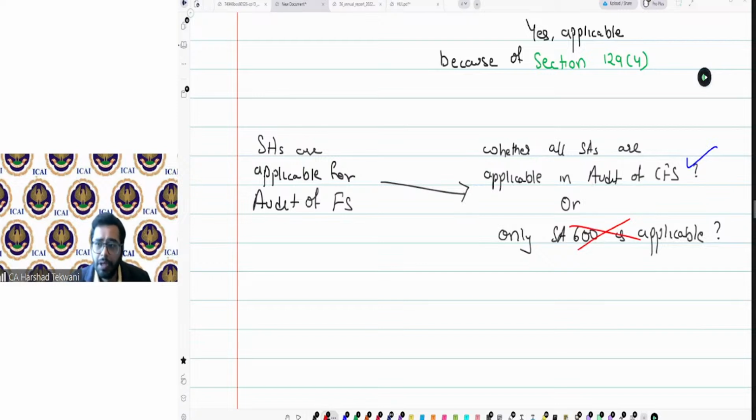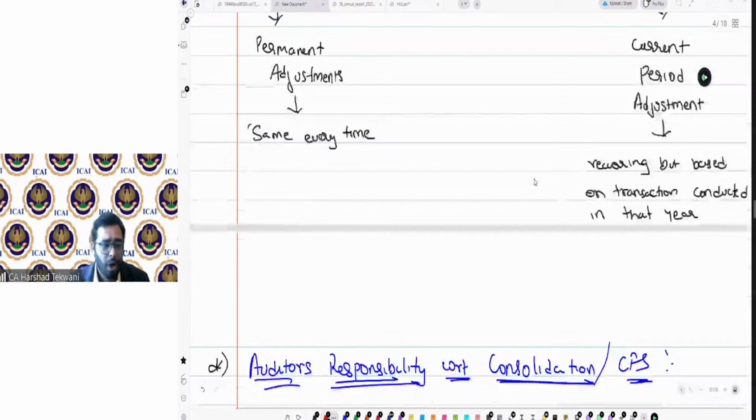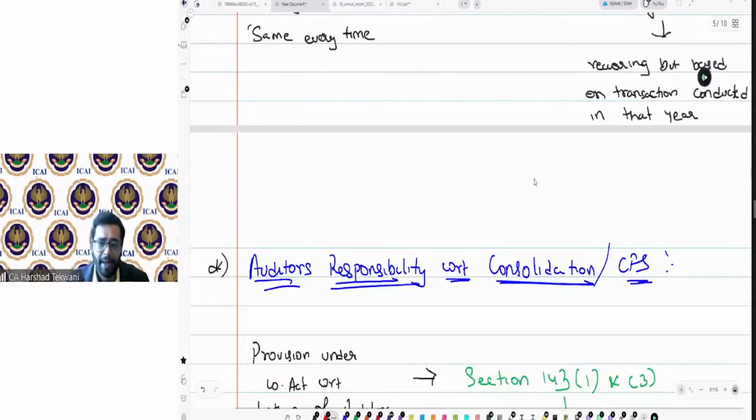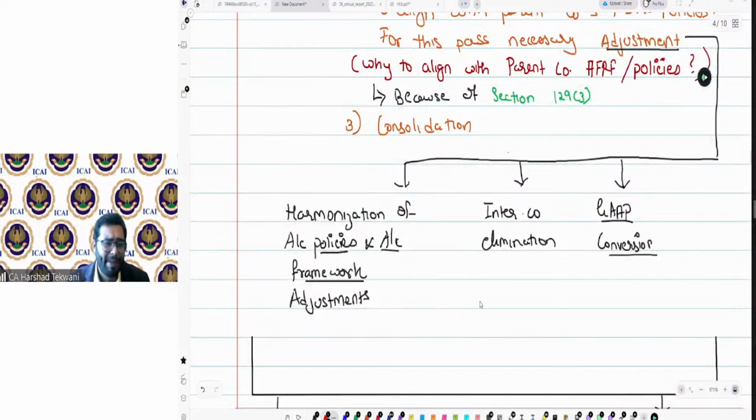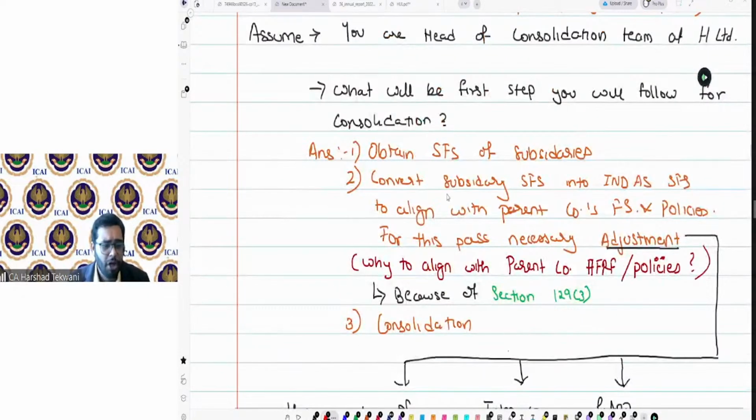Now, the second question that comes is, okay, audit is going to happen in the same way for the consolidated financial statement, except for some small differences with respect to consolidation adjustment and some GAAP adjustment and everything. So I need to verify these procedures also.